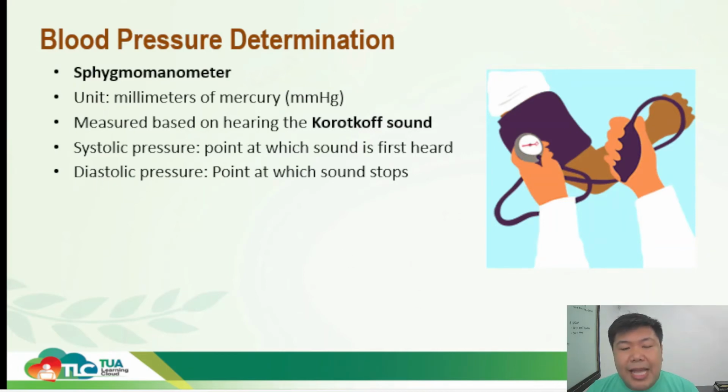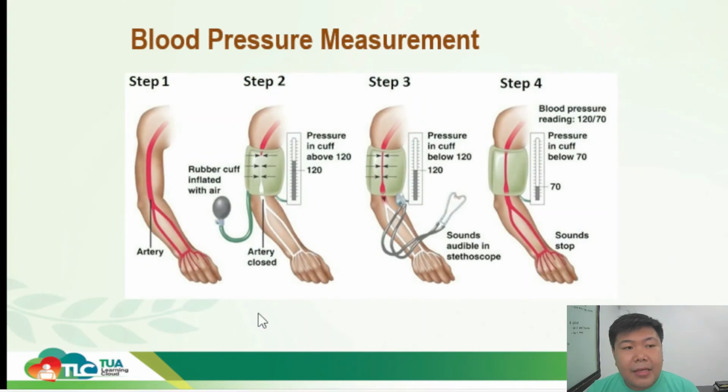So how does this happen? Normally, blood is able to freely flow from the heart to the arteries. Once you apply the cuff and inflate it, it says here above 120. Any pressure above 120 will cause that artery to be occluded. Once there is no more blood flow, you won't hear anything on the stethoscope. So you have to slowly release air so that pressure will go down slowly.